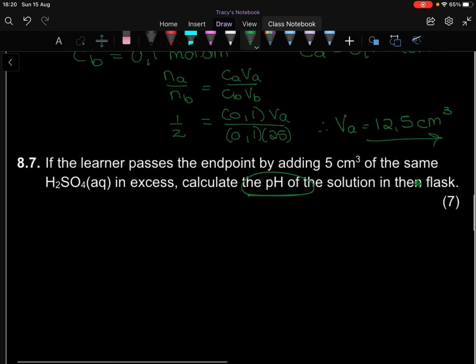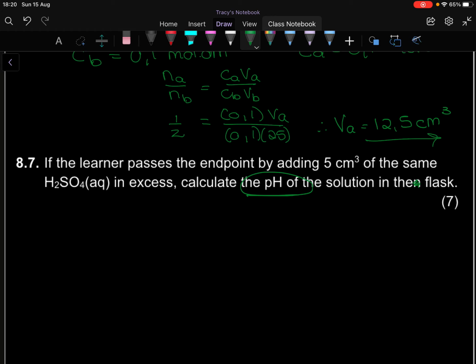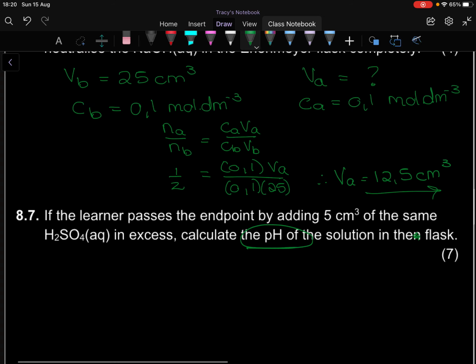What we need to recognize is that we've added in extra moles, and we can't just use the volume. By using more liquid, okay, the final volume of my solution is going to be bigger.